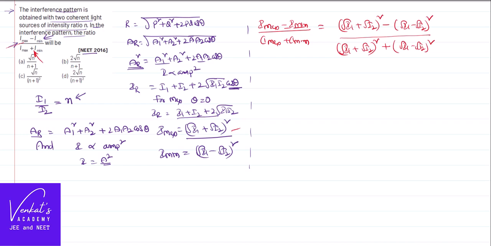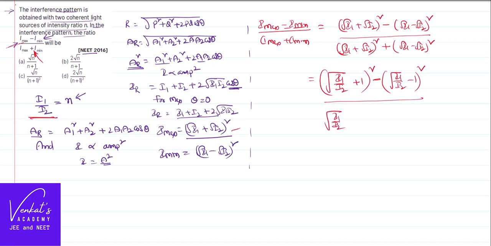But the ratio of intensities is given for you. So I can rewrite this as root of I1 by I2 plus 1 whole square minus root of I1 by I2 minus 1 whole square, by, instead of minus in the denominator, plus: root I1 by I2 plus 1 whole square plus root of I1 by I2 minus 1 whole square.